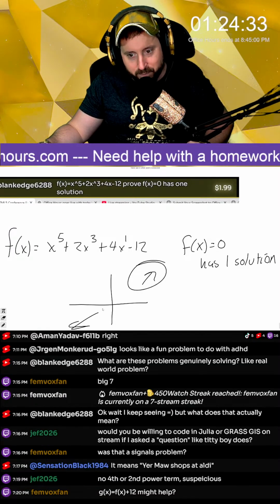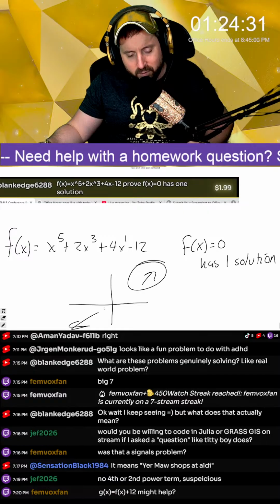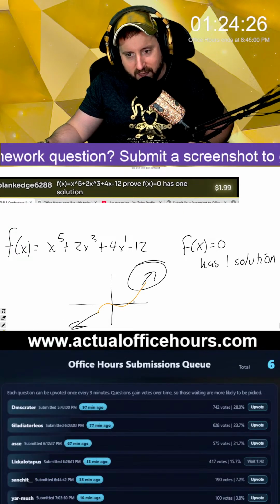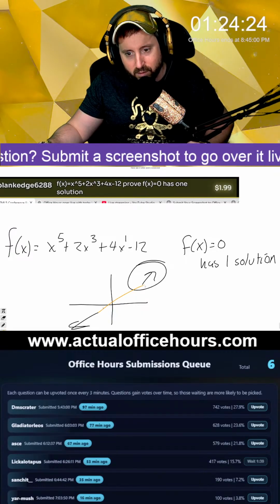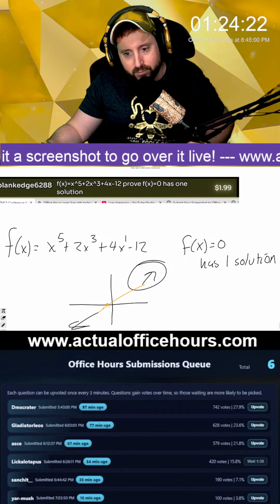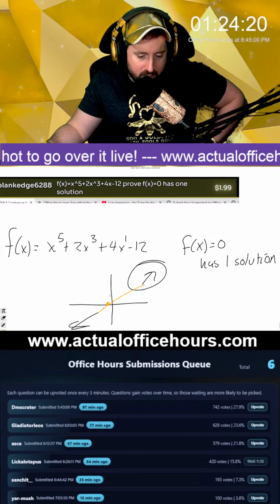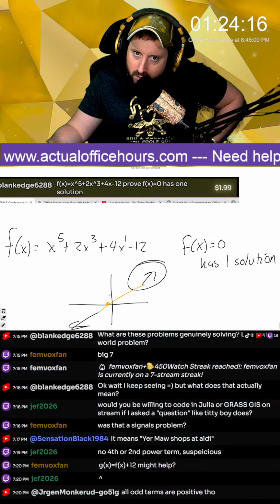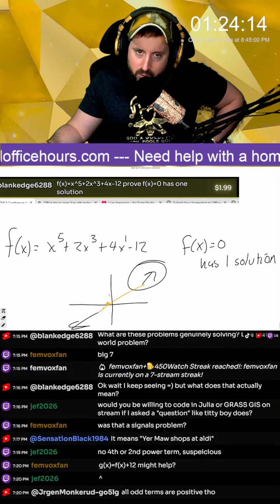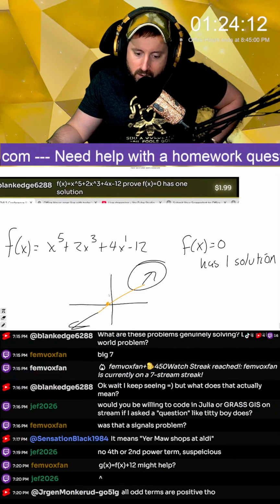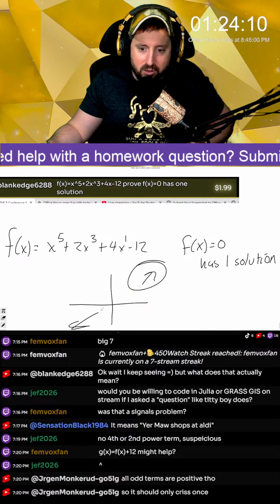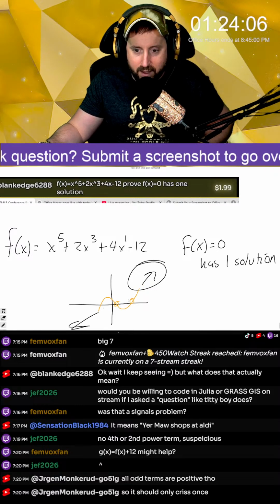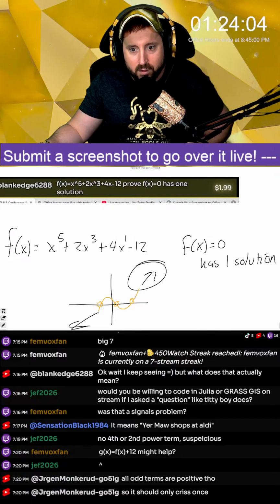Yeah, that might help. So we're looking for it to cross exactly one place. And I think if it crosses in exactly one place, you can't have any turning points. All odd terms are positive, though. Again, if this thing had turning points, then you could have it have zeros at different points.